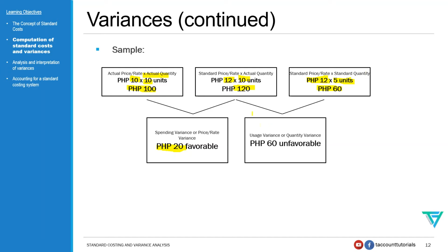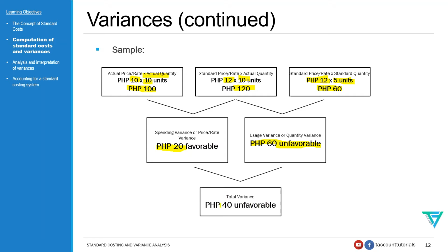Then if we get the difference between 120 and 60, we get 60 pesos unfavorable variance, right? And then if we get the total variance, we arrive at 40 pesos unfavorable variance. Okay, so at this point, I'd also like to point out that in the problems that we encounter, we can have two offsetting variances, wherein one is unfavorable and the other is favorable, which leads to a netting effect at the total variance level, right?